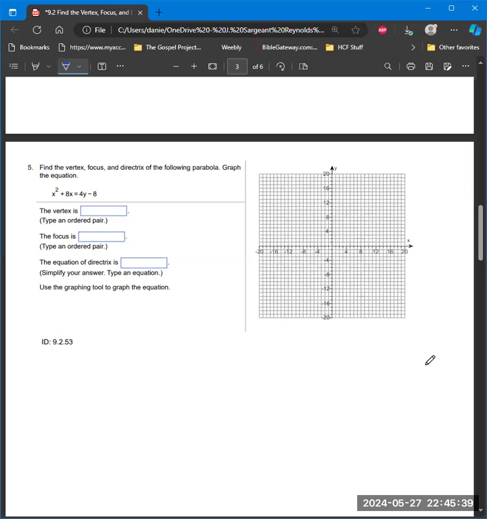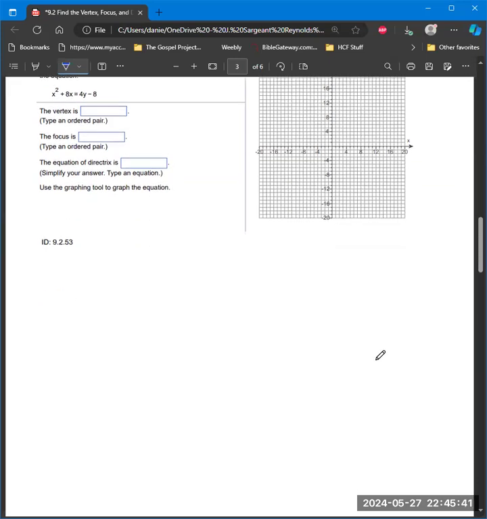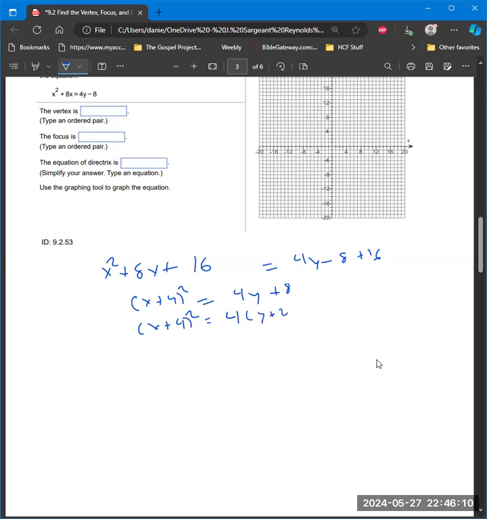All right, last one for this video. I'm going to have x squared plus 8x plus some space equals 4y minus 8. Half of the middle number squared is going to be 16. So (x plus 4) squared equals 4y plus 8, which is 4 times (y plus 2).